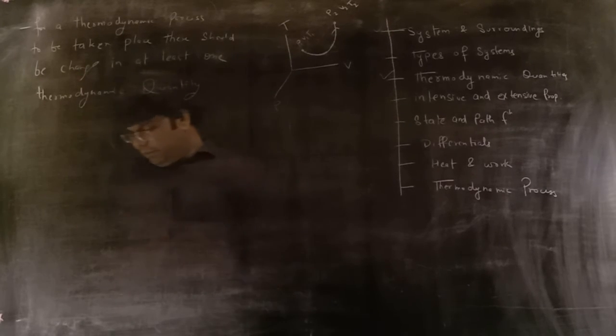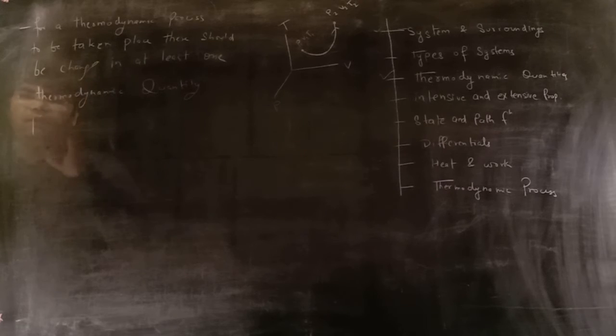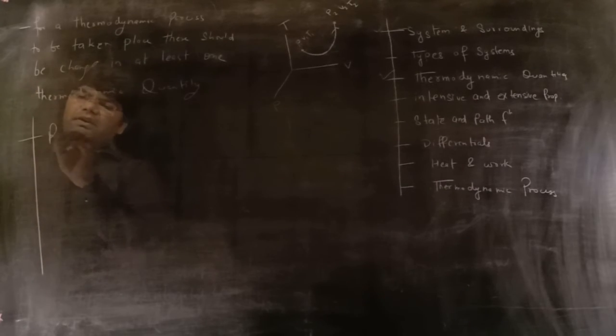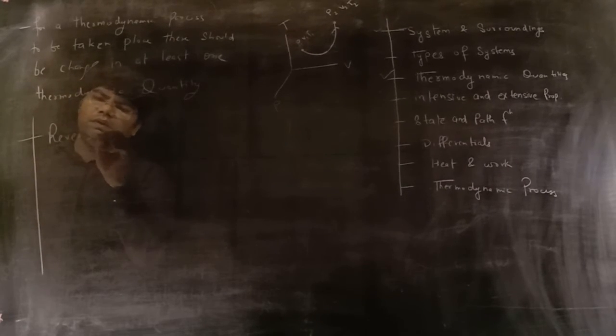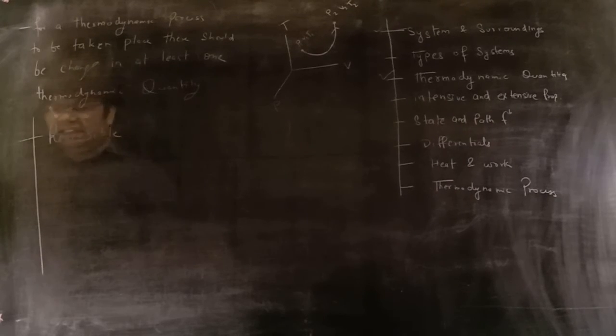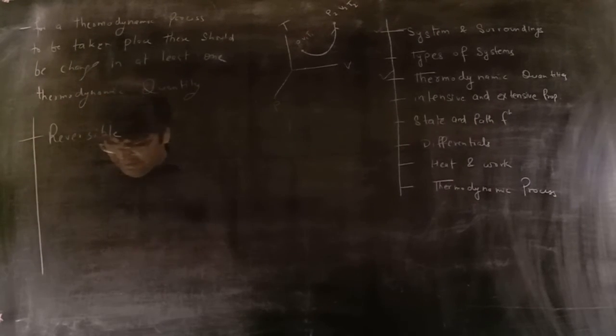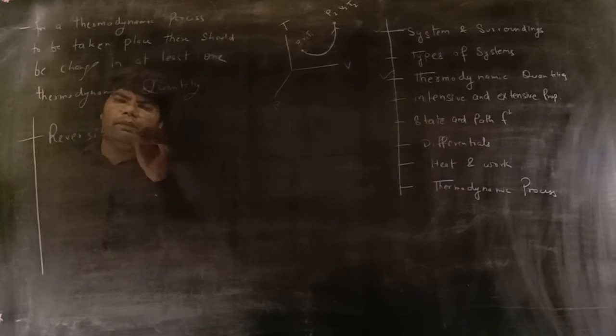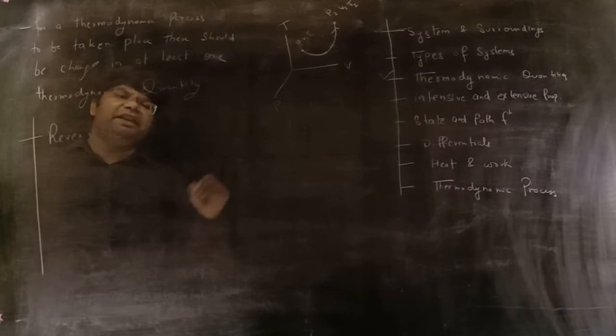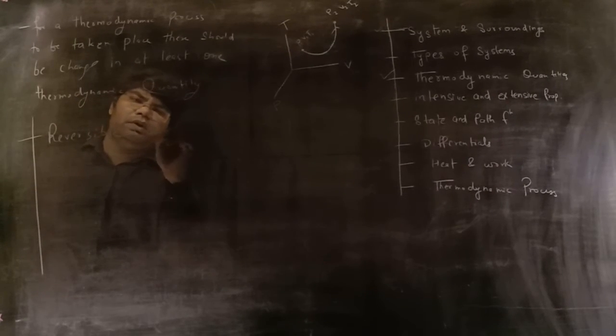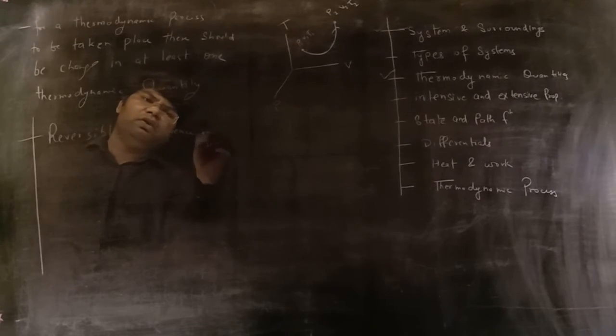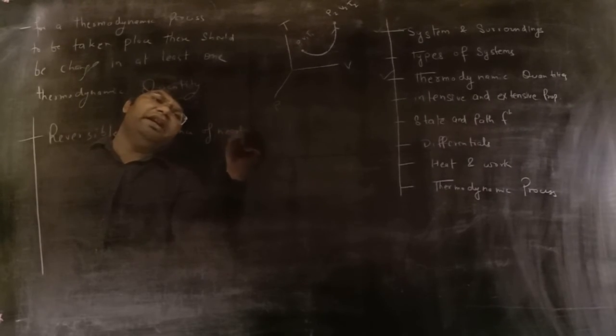There are different types of processes. Reversible. What is this reversible process? It is a sequence of nearly equilibrium states.